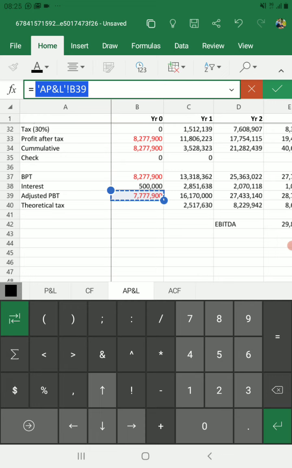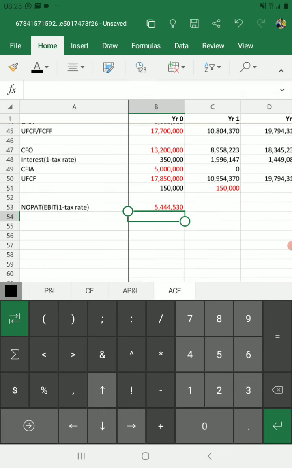So that is our EBIT, and then we say EBIT multiplied by, open the bracket, 1 minus tax rate, and our tax rate is 30%, close the bracket, press enter. So that is our formula for net operating profit after tax.